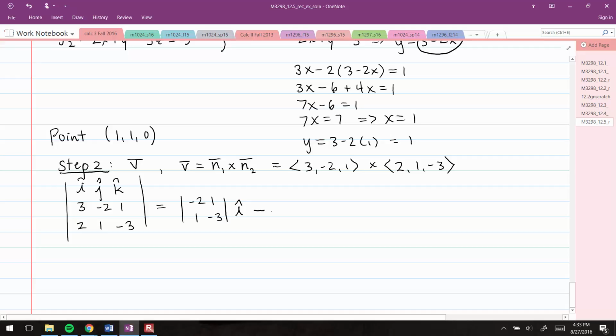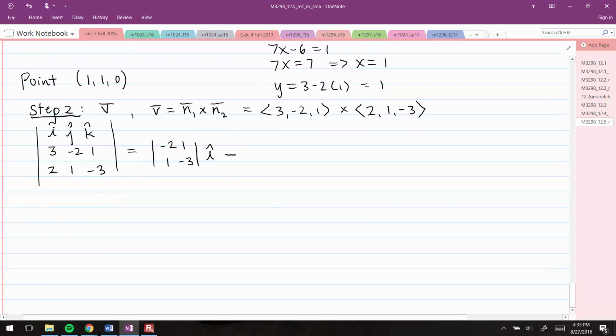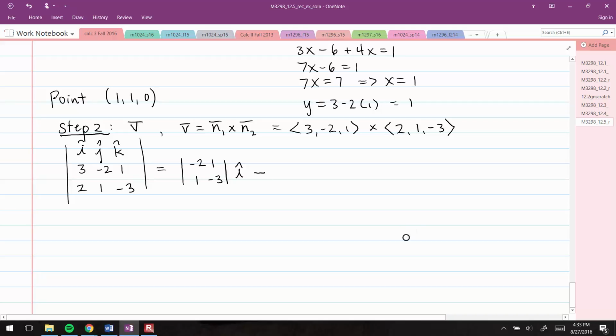And here's a detail that I forget sometimes: make sure that you write minus here. The rest are positive, but this j component is negative. Covering underneath the j, we have 3, 1, 2, -3. And then finally plus, covering under the k, we get the matrix 3, -2, 2, 1.